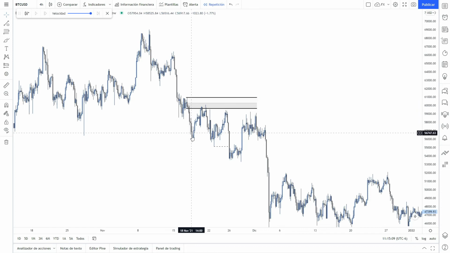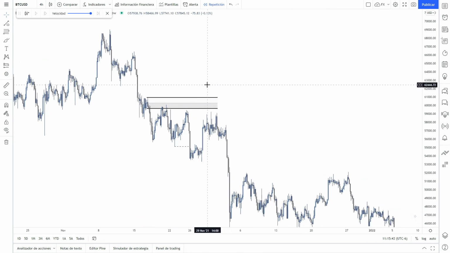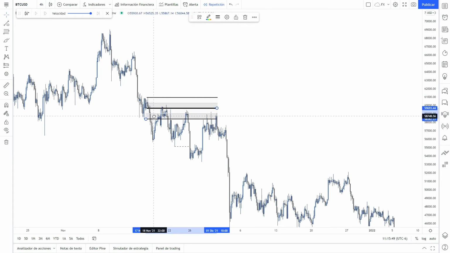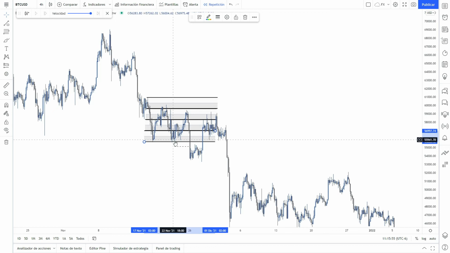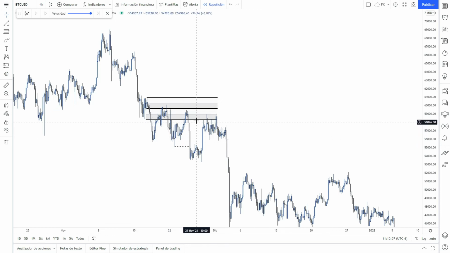Number 1, we have a strong push to the downside. Number 2, the size of the base candle fits at least twice. 2, 3, 4. So that's good enough. This is a valid zone.